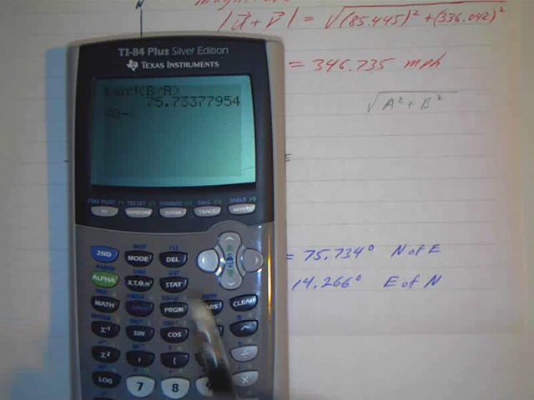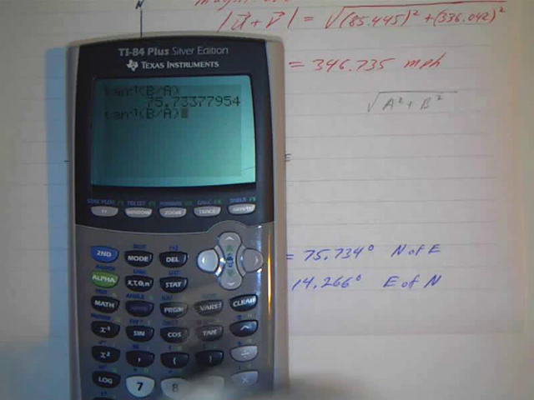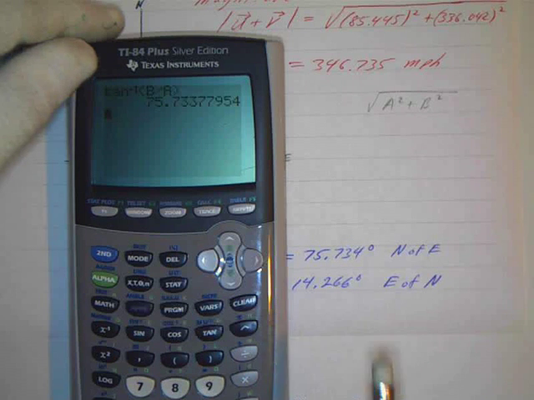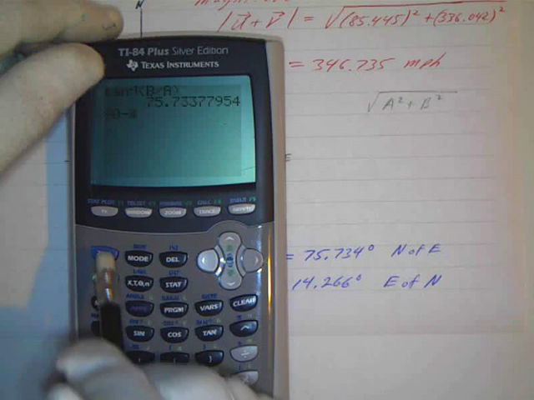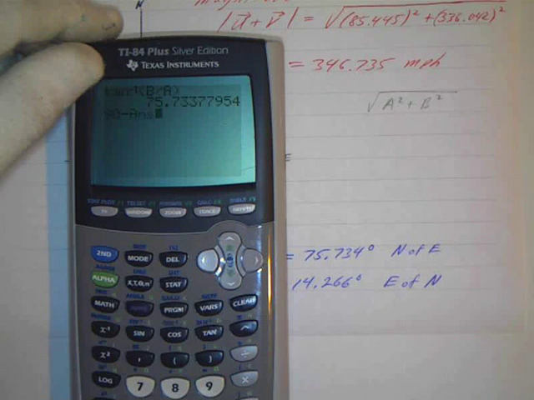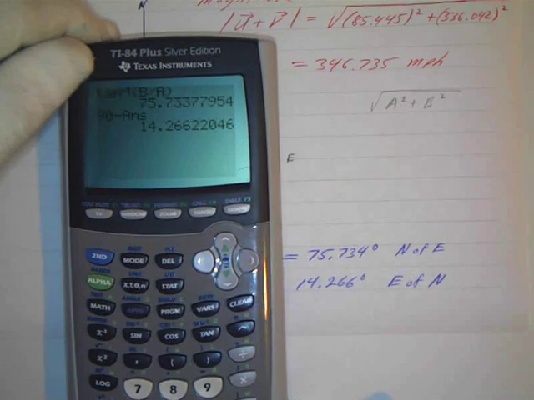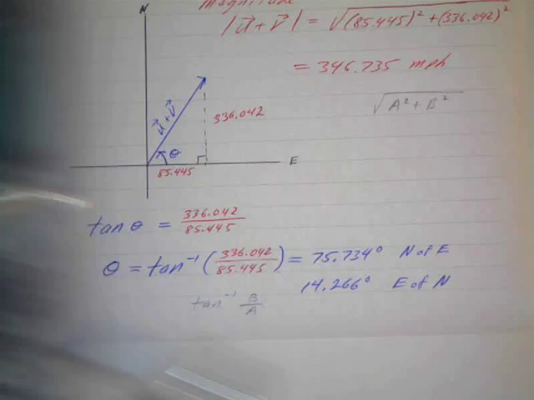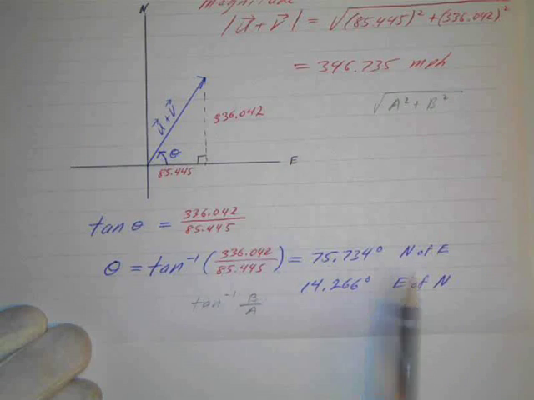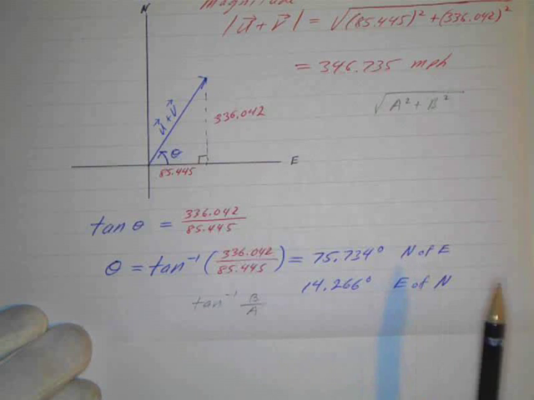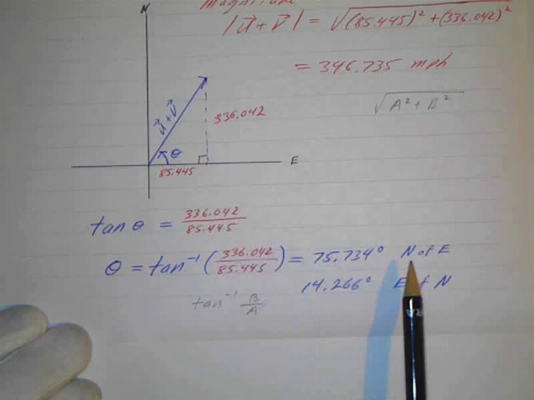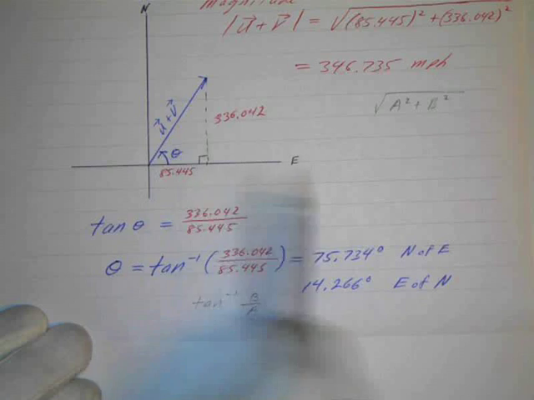And I can say 90 minus, oh, it's clear. Well, I could just take the difference. I should have done that. Okay, so I'll say 90 minus second answer, and I get 14.26. And the reason why I did that is because this angle is going to be north of east, because here's east and here's north.